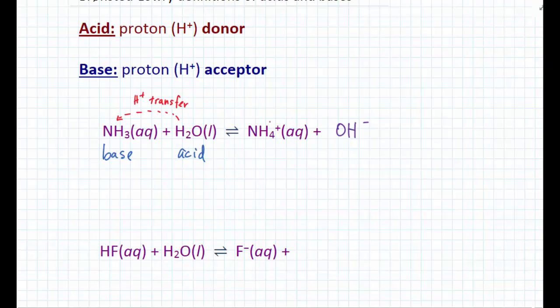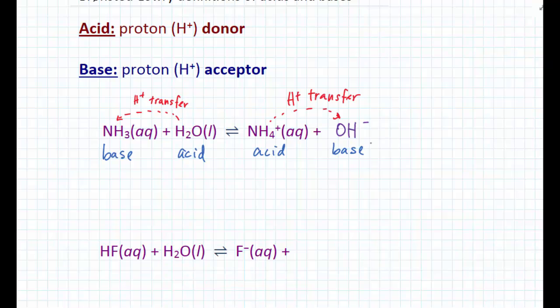Yeah, you'd have to do that kind of proton transfer. And in that case, over here on the right, NH4+ would be considered the what? That is the acid, and hydroxide is the base. Makes sense that hydroxide acts as a base.